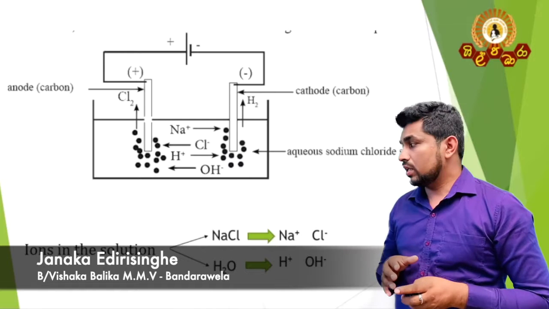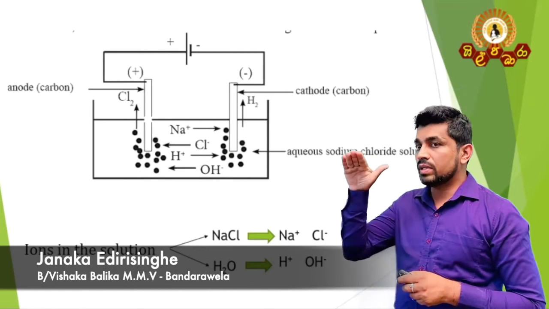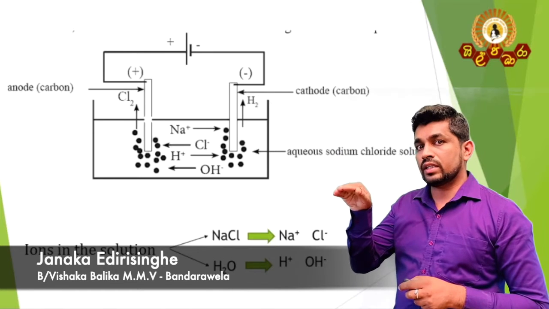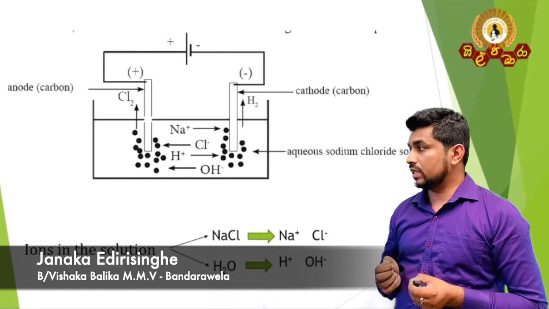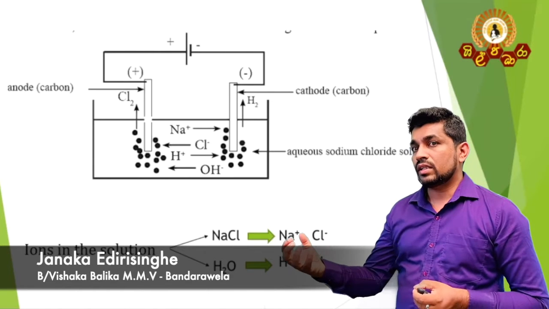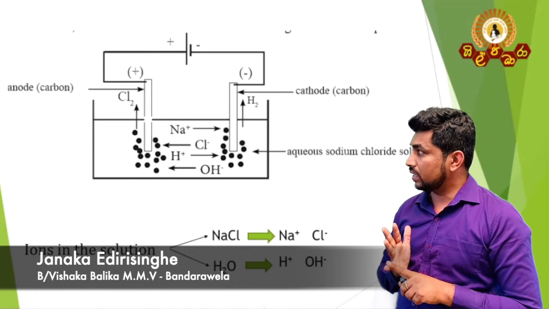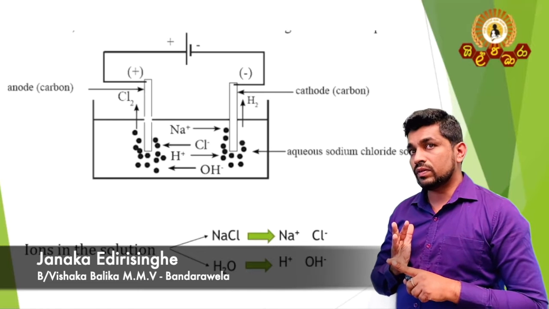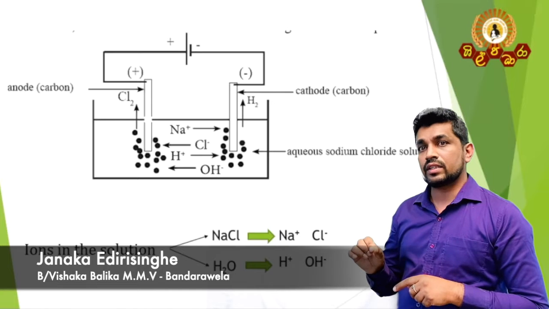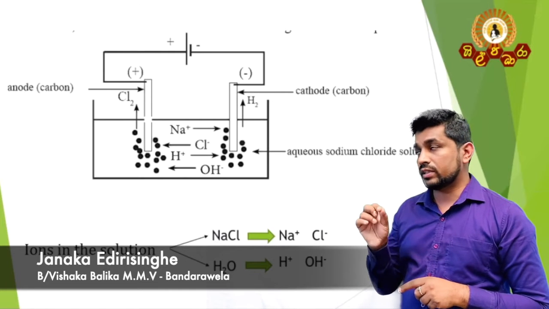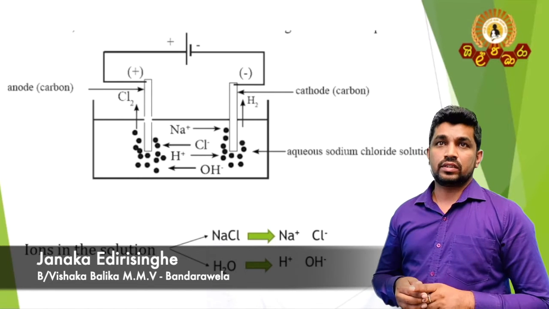According to the activity series, the element located at the lower side or bottom of the activity series is the one which receives electrons. Comparing these 2 ions, sodium ion and hydrogen ion, which one receives electrons here? Hydrogen receives electrons because hydrogen is less reactive than sodium. Therefore, through the negative terminal, hydrogen gas is released.